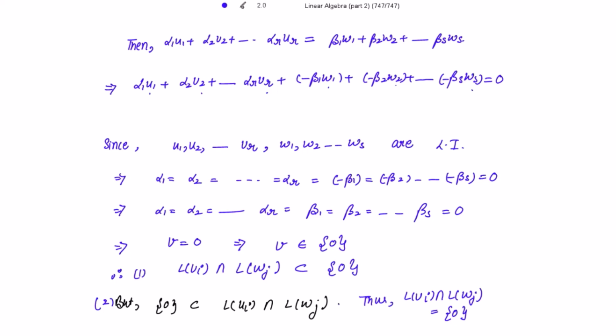This is how we write. So one, their intersection is a subset of {0}, and second, we know that {0} itself is a subset of this intersection. Therefore, from 1 and 2, we can say that their intersection is equal to the zero element. Okay, fine. All right. Have a nice day.